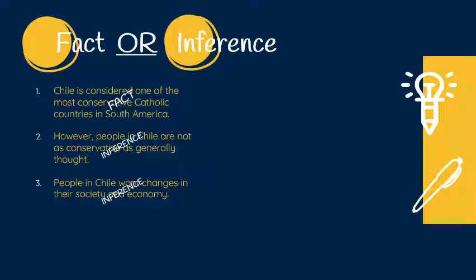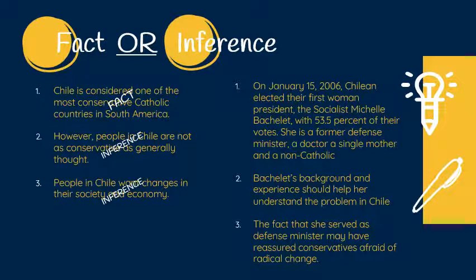And what about the last statement in this paragraph? It is also an inference. Why? You have to pay attention to the word "wants." This statement uses "wants," which is why it is more like an opinion rather than a fact, so it is an inference. Now you can continue distinguishing fact from inference for the second paragraph.